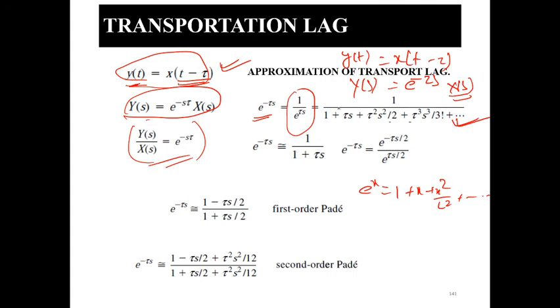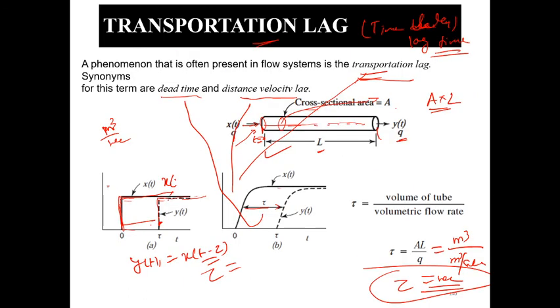If we discard the higher powers of tau, because this time constant is very small, it means ideally we assume that there is no lag or no time delay in passing this value from this to this.